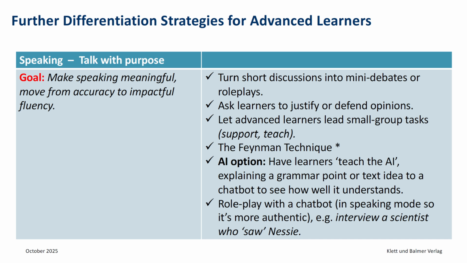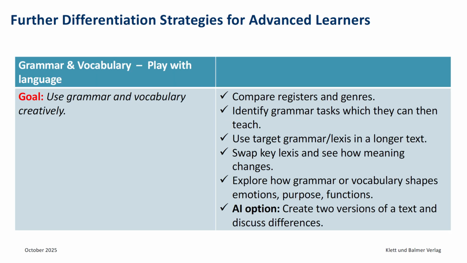And finally, my other little final one is the grammar and vocabulary, playing with language. Like I said, be observant, because it doesn't necessarily mean that these learners, especially L1 native speakers, actually have the competence in terms of looking at grammar explicitly.